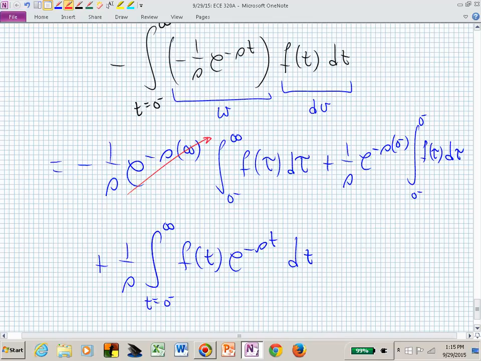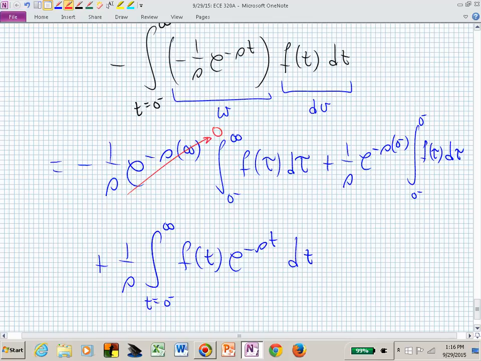Since s is positive, that's going to vanish. That's going to annihilate this integral. We're assuming f of t is well behaved, meaning that the integral of f of tau over all time is bounded. And now we are simply scaling that, or hitting that, with 0. So a bounded times 0 is 0.